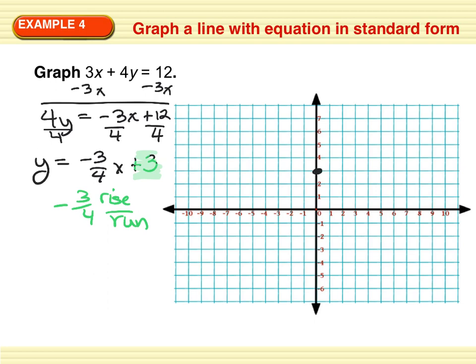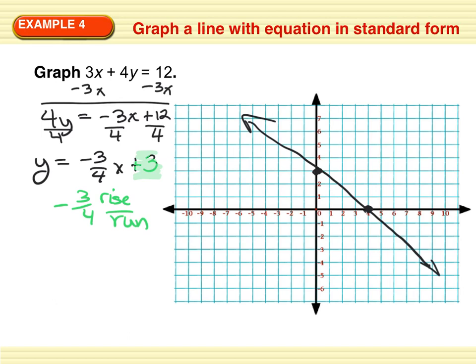And then from there, because it's negative, I'm going to go down 3, 1, 2, 3, and run 4 to the right. And there's my next point. Again, let me erase my rise and my run count. Again, I can connect my points, and I have the graph of the line.